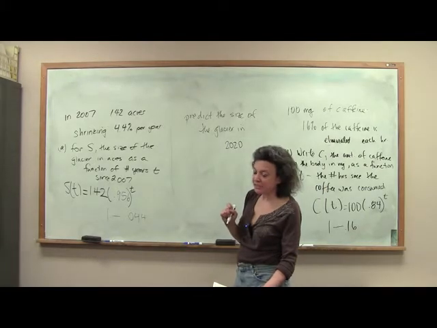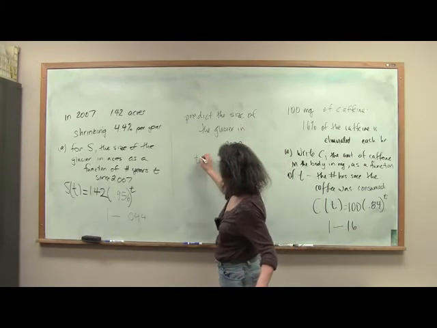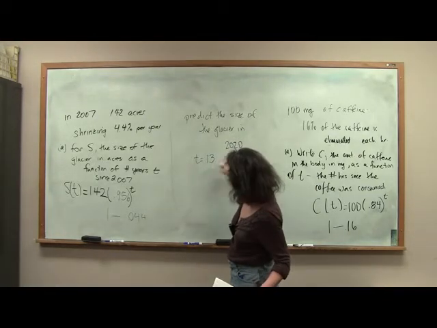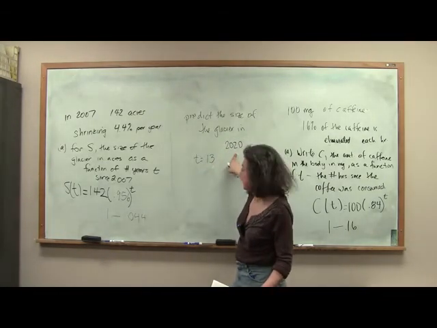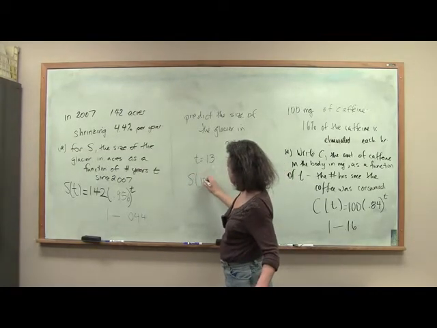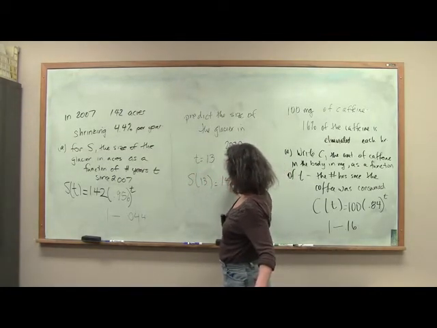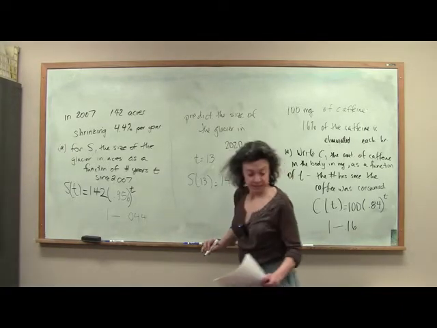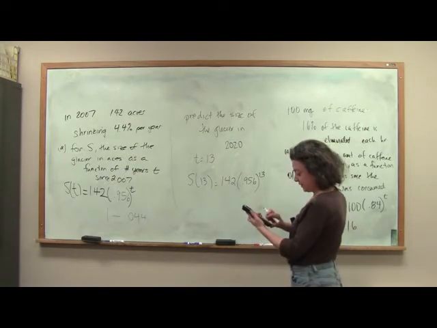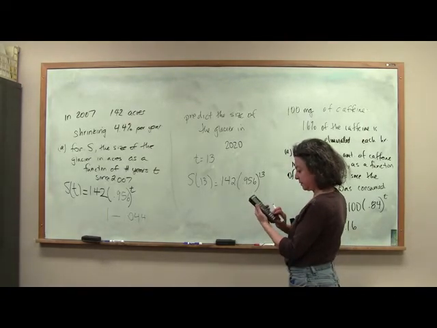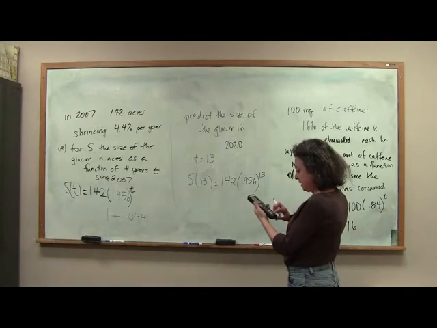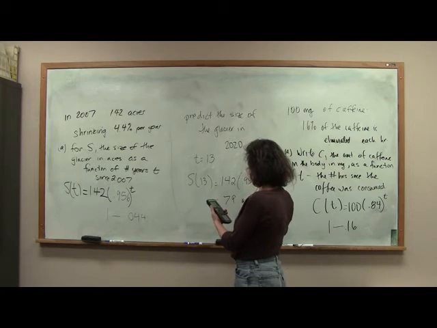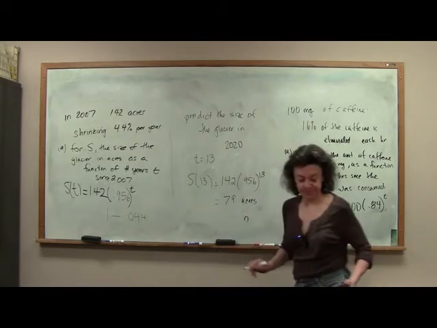So the first thing we have to do is figure out what our t is. I think you'll grant me that t is 13 here, because 13 plus 7 gives me 2020. So we're going to compute S of 13, and that's equal to 142 times 0.956 to the 13th power. This might be really depressing. It's going to be about 79 acres. Wah.